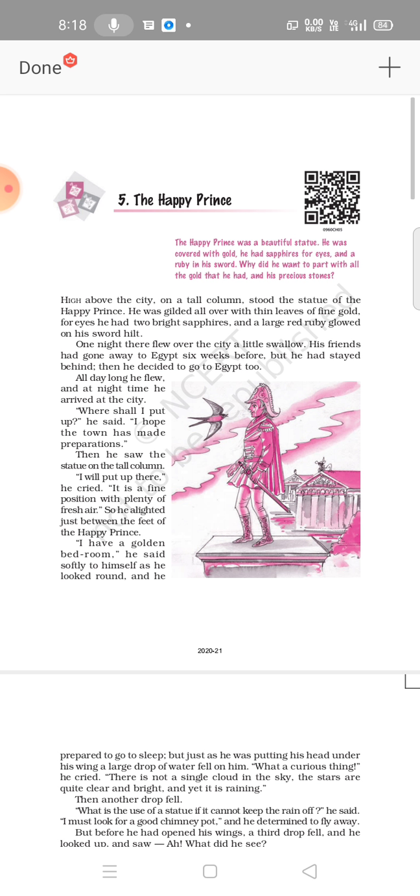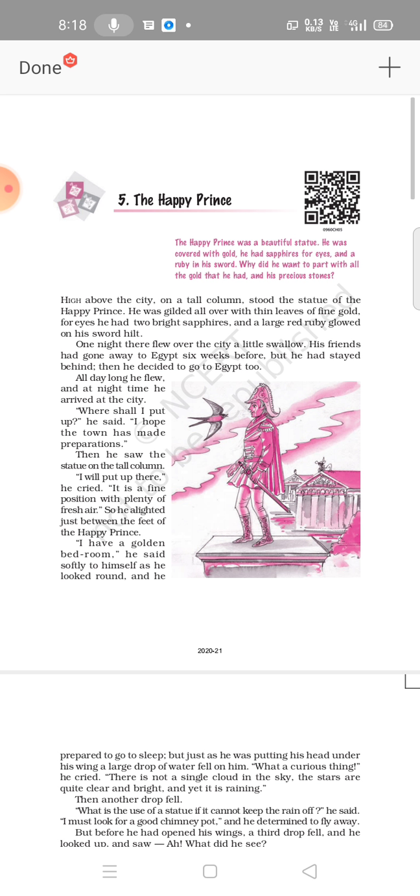I think you know about them. So the writer says there were sapphires for his eyes and a ruby in his sword.